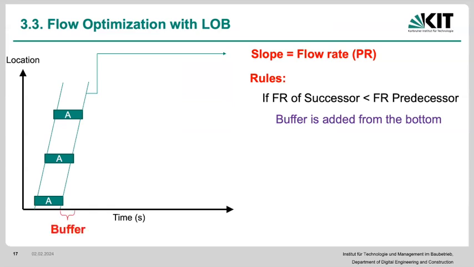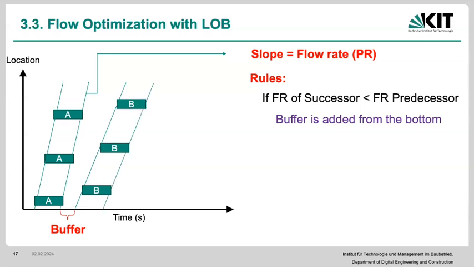So if our successor has a smaller production rate, that means that basically the slope is more slanted. We have to add a particular buffer to minimize any type of interruptions and to make sure that the rule that we have is satisfied, because activity B for every unit has to be started after the finish of activity A. Then we have to do it in this way.